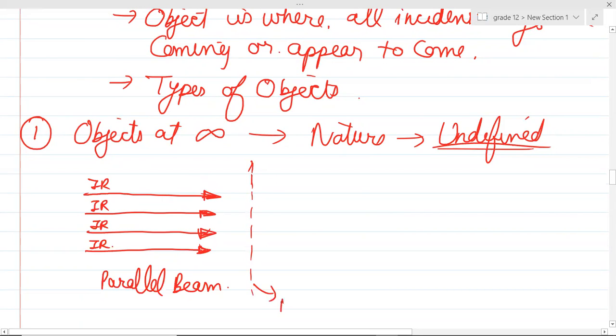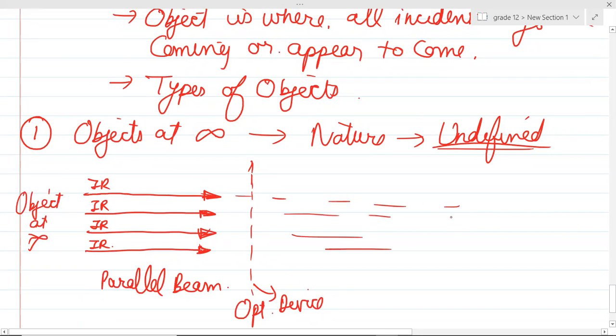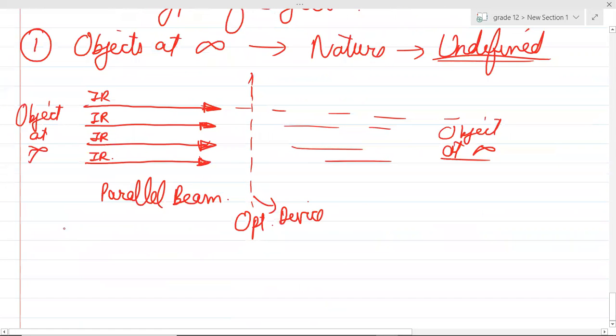It can be a lens, it can be a mirror, it can be anything. On this optical device, the object may lie over here, or the object may lie over here, right? You cannot define exactly where the object is, since the light rays are parallel, so the object is at infinity. Is this clear? So you simply write that the object is at infinity whenever incident rays are parallel, and the nature is not defined.